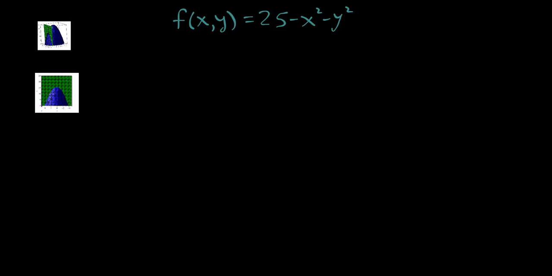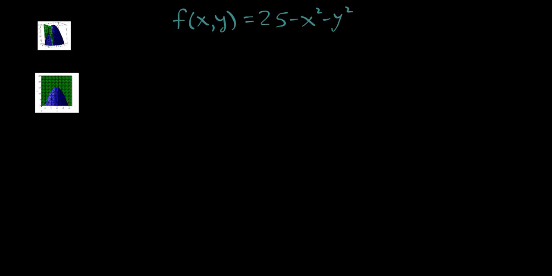You may recognize that as a paraboloid. It has a high point at 25, so it goes up. The highest z point is 25. It intersects the xy plane in a circle of radius 5.